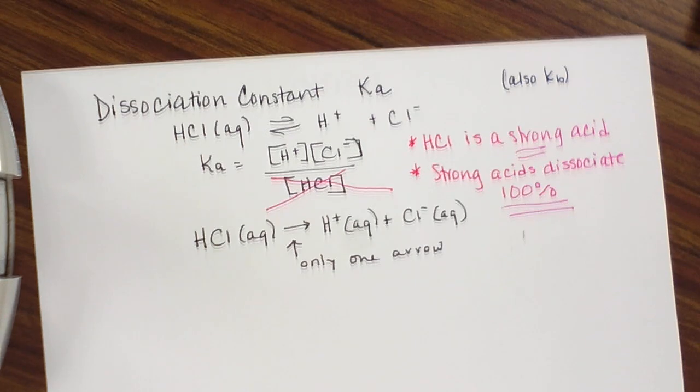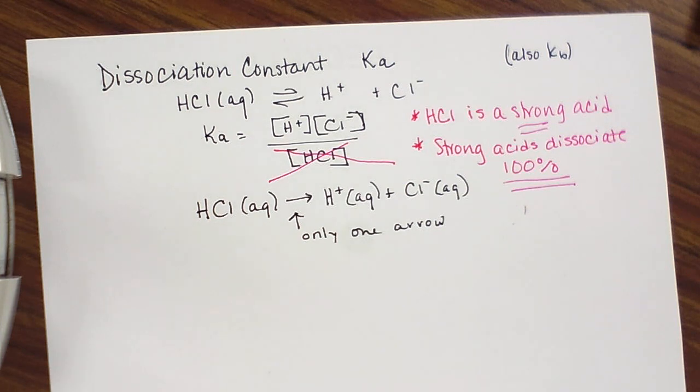Whatever the molarity that you start with, think about your ice tables, whatever the molarity that you start with is the molarity of the hydrogens and the molarity of the chlorides at the end, and there's nothing left of your initial HCl. It's a 100% dissociation.